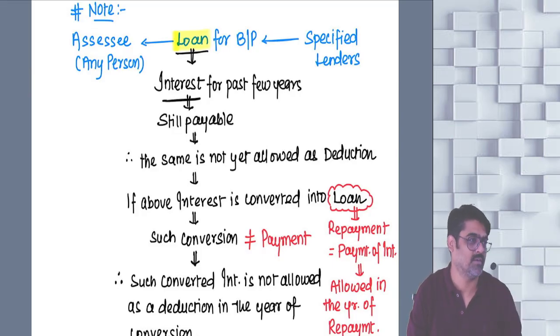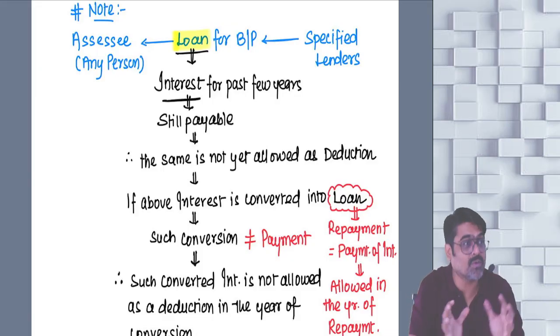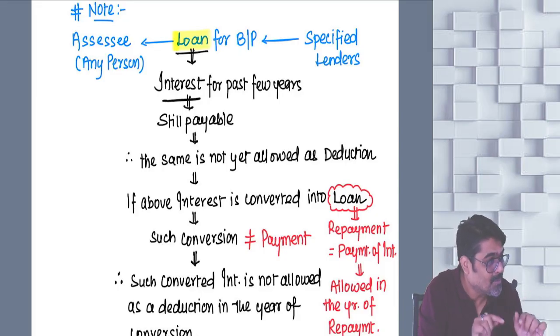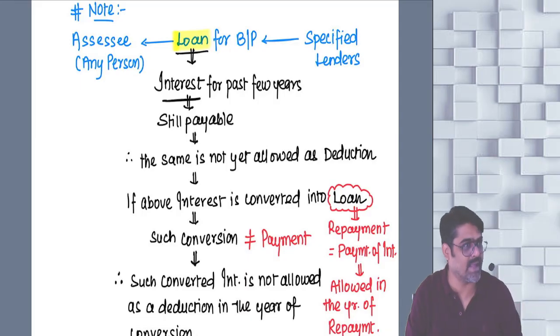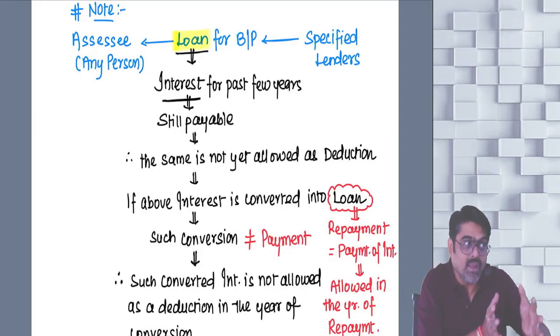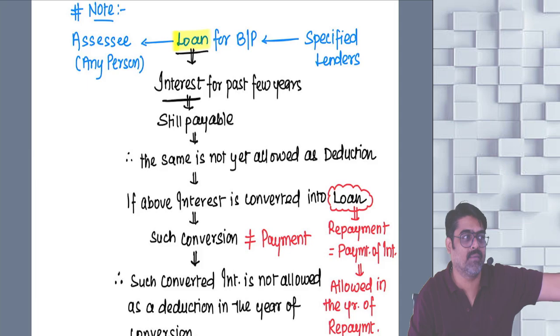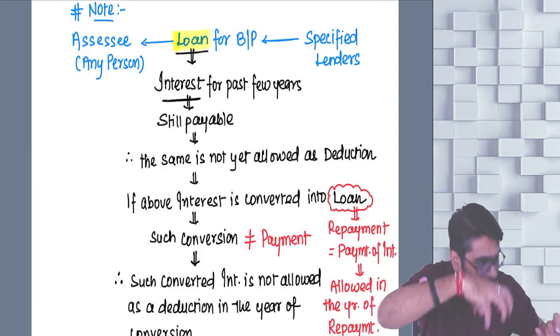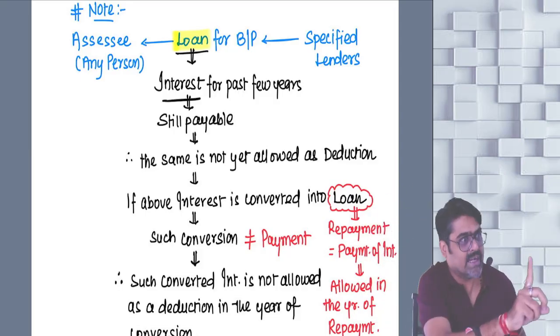No. Converting the last 3 years interest into a loan is not the payment of that interest. It will not be allowed as a deduction on conversion. Getting my point? When you actually pay this interest, meaning when this loan repayment is done, at the time of conversion it is not paid.